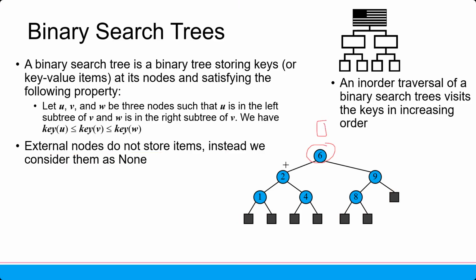Then on the left, the key should be less than 6, and on the right, the key should be higher than 6. So we have 2. And this one should be less than or equal to 2. This key should be higher than or equal to 2. And this one should be less than or equal to the upper side.